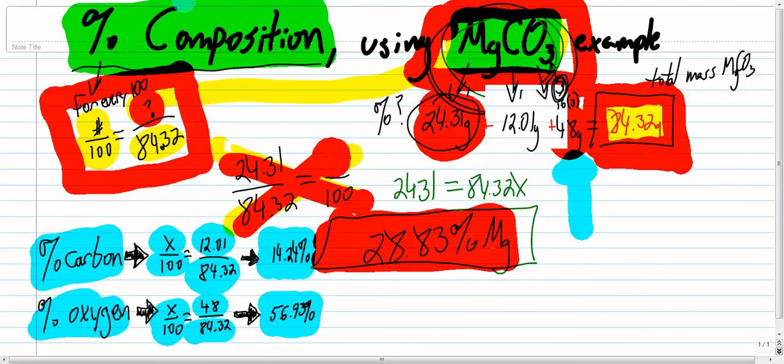You might be thinking, at least I hope you're thinking, if I add up this number and this original number we got from magnesium, what should they all add up to? Well, 28.83 is basically 29, plus 15 is about 44, and then 56.93 is basically 57.